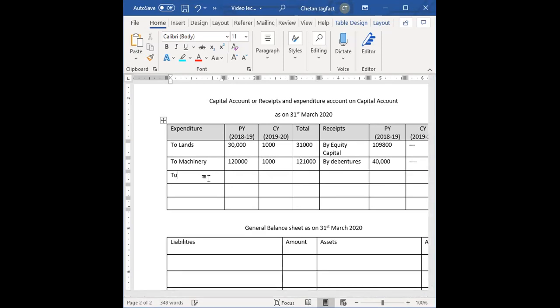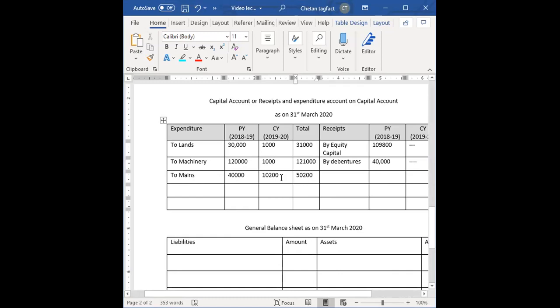And now coming to the third fixed asset, we have the mains. The mains are, last year we had 40,000 and during the year we have 10,200. So the total in the total column amounts to 50,200. So we are completed with the capital account.